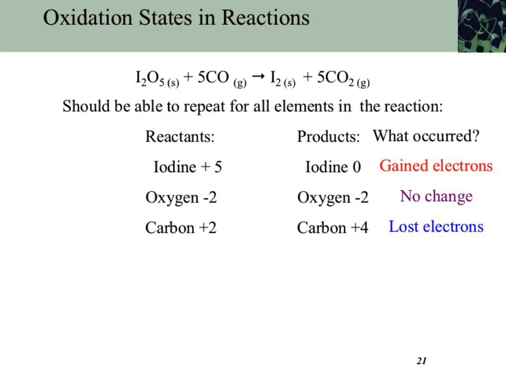Okay? When we then go through to look at our oxidation states, we can see that they changed. Well, the only way our oxidation states change is by transferring electrons. So in the case of the iodine, it had to gain electrons, which a lot of people get kind of freaked out at, because it started at a +5 and went to a 0.